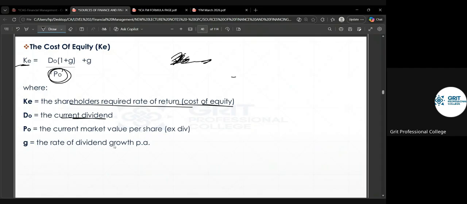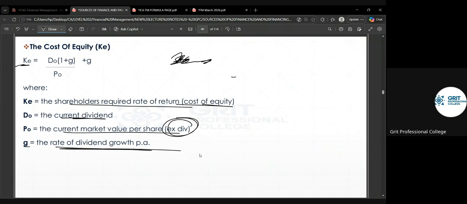D0 is the current dividend. P0 is the current share price, which, again, I told you, should be the ex-div. And then g is what? The growth rate of the company's dividend. Simple as that. All right.